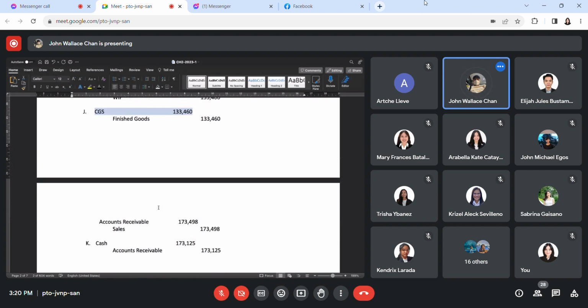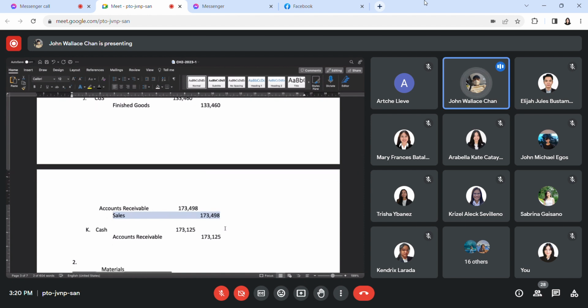And since we sold the goods at a gross profit rate of 30%, so we multiply our cost of goods sold, which is 133,460 pesos, by 1.3 or 130%. Then we get 173,498, and we just credit sales for that.